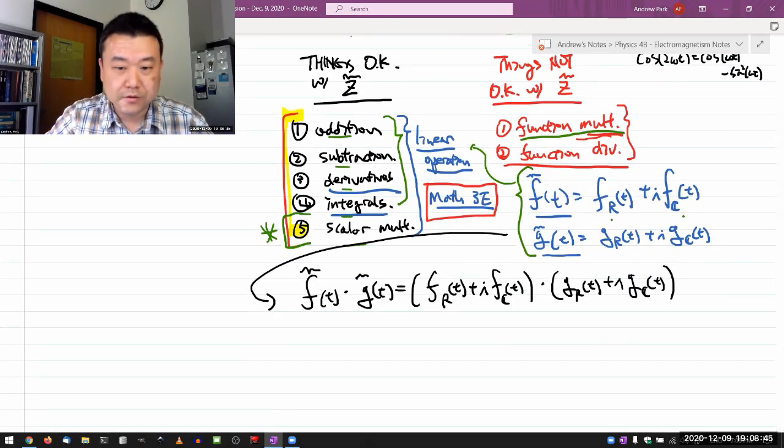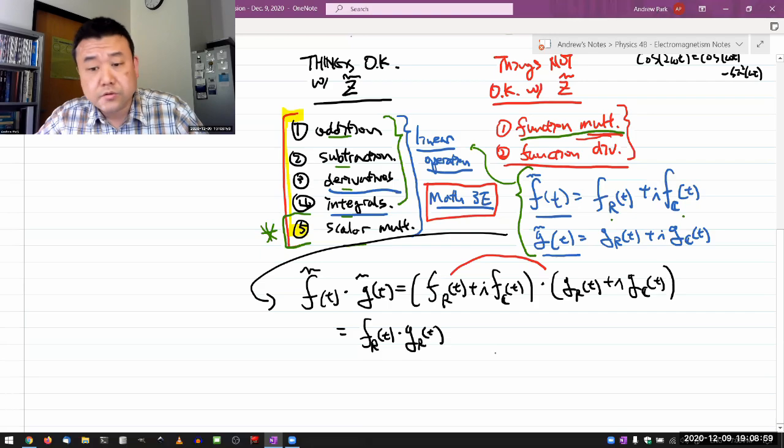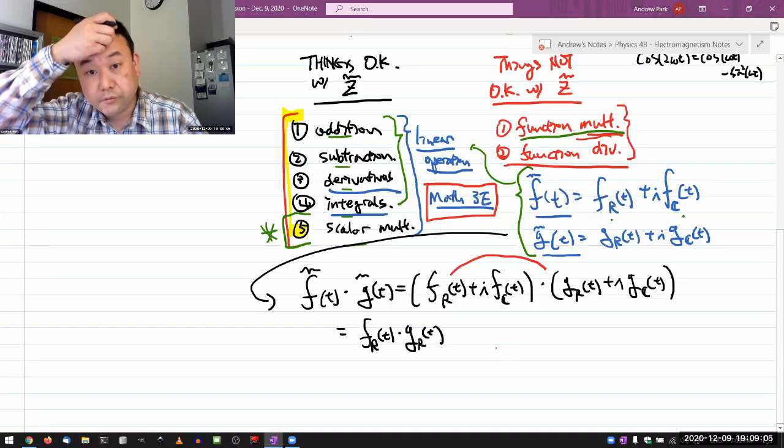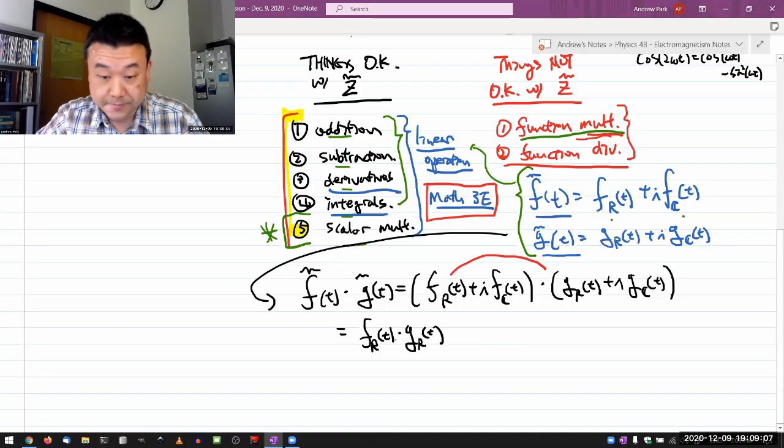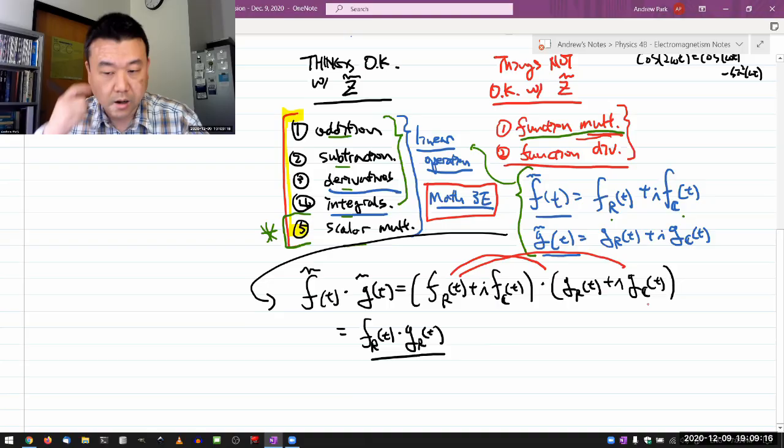So I just need to write out these terms. f times g. So that's one term here, f_r times g_r. That's fine. That's one of the terms I would have gotten as I'm doing just the regular real function multiplication. So I expect you to see this. That's perfectly fine. And let me do f_r times i g complex.